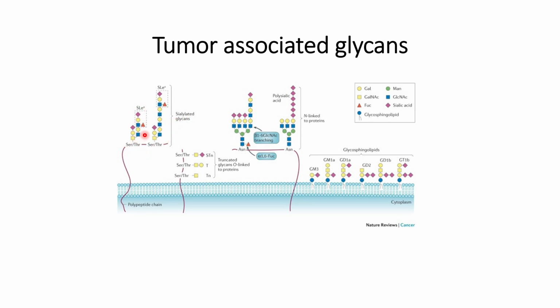Two structures that are overexpressed on the sialylated glycans are SLEX and SLEA, Sialyl Lewis X and Lewis A, which are commonly known structures overexpressed on tumor cells. What is the difference between Lewis A and Lewis X?